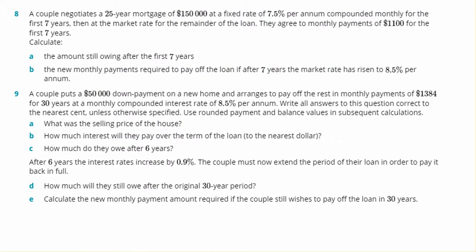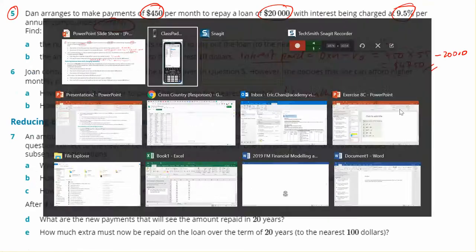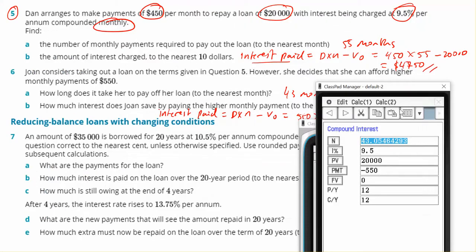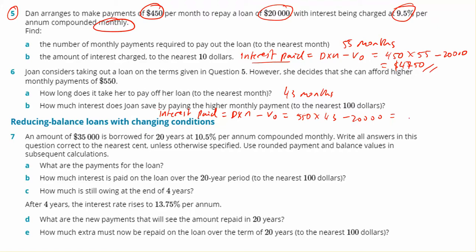So let's work out what that equals. 550 times 43 minus 20,000, 3650. Now, this is how much interest Joan paid, and this is how much interest Dan paid. So if I subtract one from the other, I get how much Joan saves.